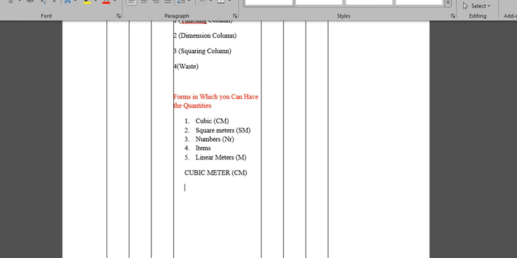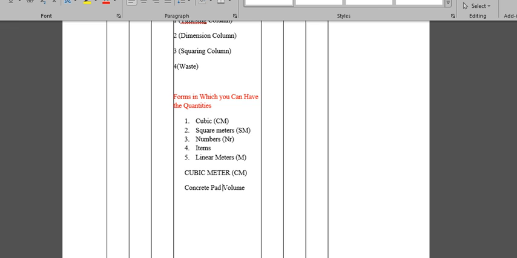So let's see, cubic meters, we're just going to use figures for example purposes. So I would like to have, for instance, we want to measure cubic meters of concrete. Okay, so an example here is a concrete volume. Okay, concrete pad foundation.